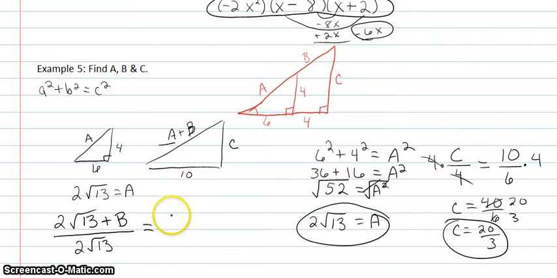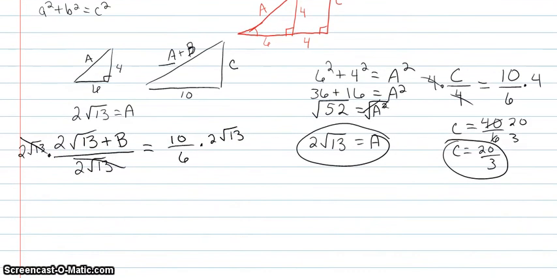I just think it's easier, so 10 over 6. So I'll multiply both sides by 2 square roots of 13. So these will cancel. So I'll have 2 square roots of 13 plus b equals 20 square roots of 13 over 6.